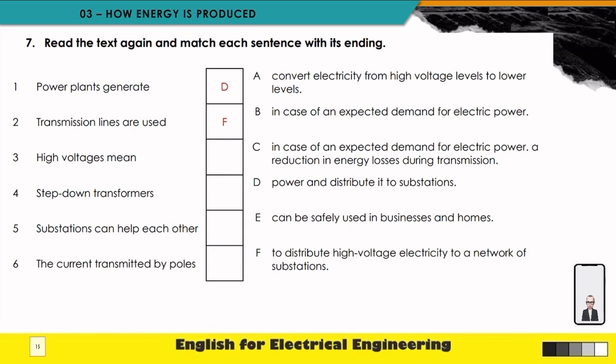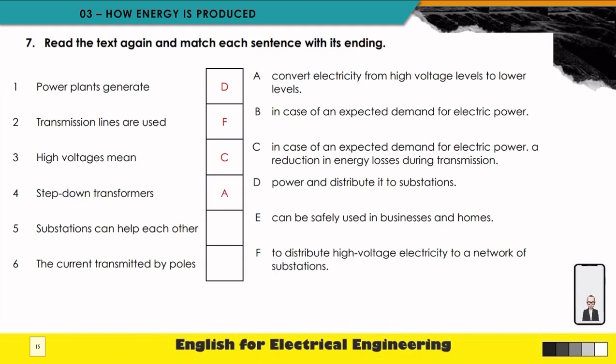Transmission lines are used to distribute high voltage electricity to a network of substations. High voltages mean a reduction in energy losses during transmission.